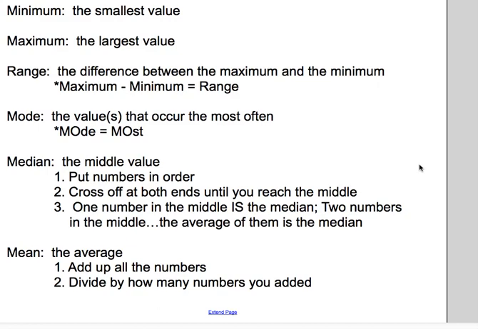So let's say if you have 10 numbers on your list, in order to find the mean, you have to add up all of those 10 numbers and then you have to divide by 10. Whatever your answer there, that's the mean. Make sure you have these notes in your notebook before you continue.